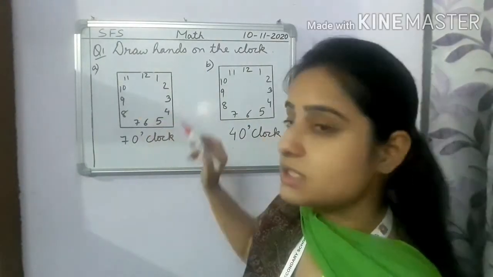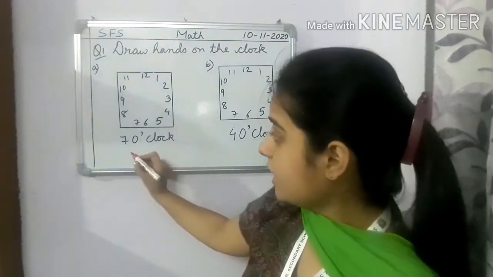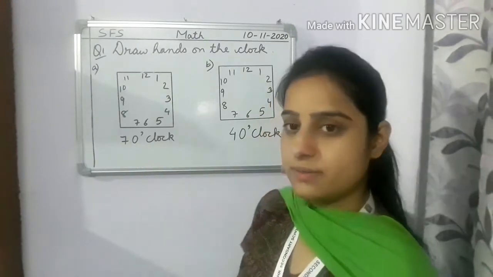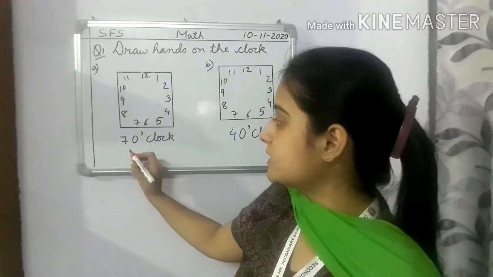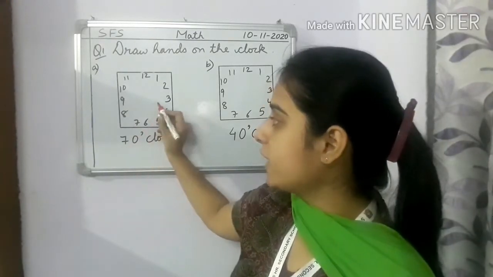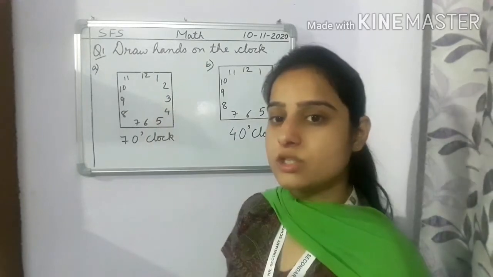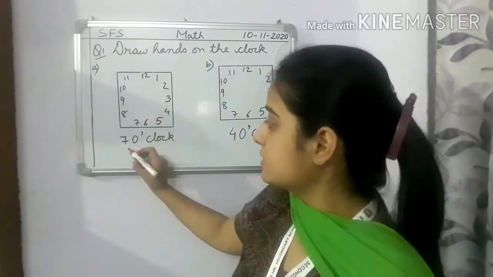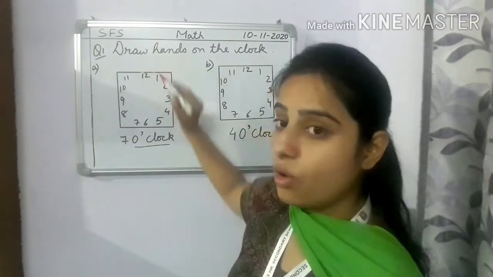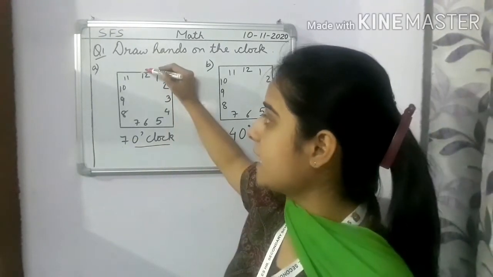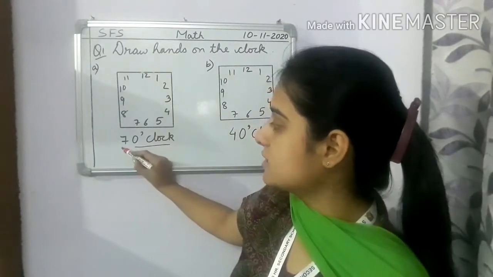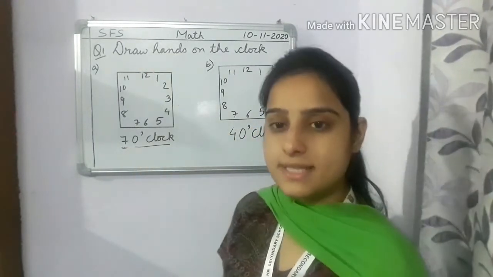You can see this clock, children, and what is the time? 7 o'clock, isn't it? So 7 o'clock means, how will it show on the clock? When it is o'clock, the minute hand is on which number? 12. And our hour hand is on which number? 7.